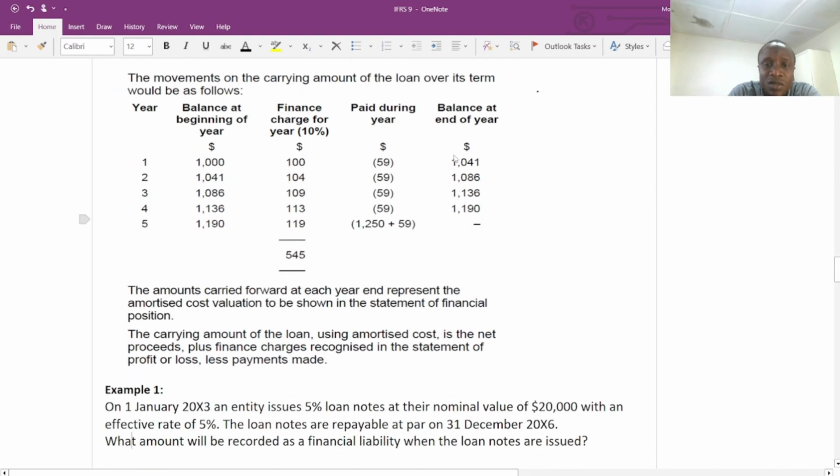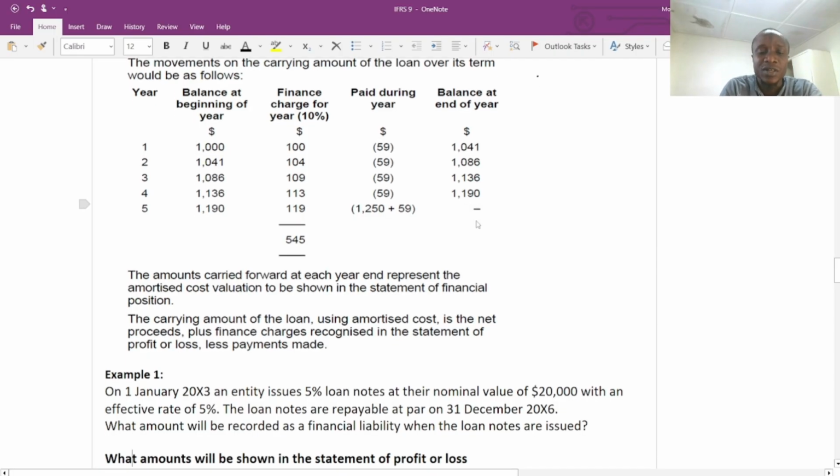For year one, the closing liability will be 1041. For year two, 1086. For year four, 1190. For year five, there will be no closing liability because that's the final period of the loan agreement. Instead, we are going to de-recognize that particular liability because the obligation has come to an end.